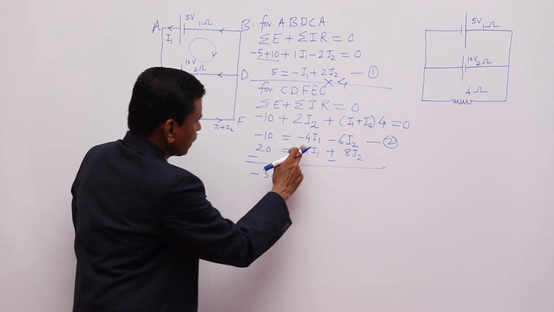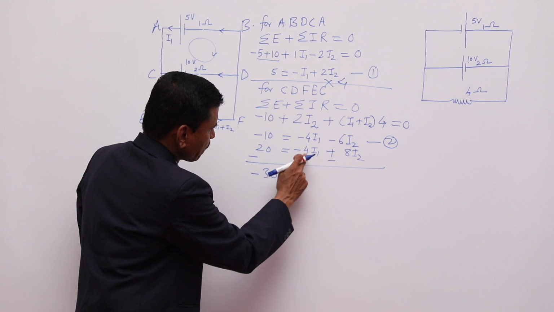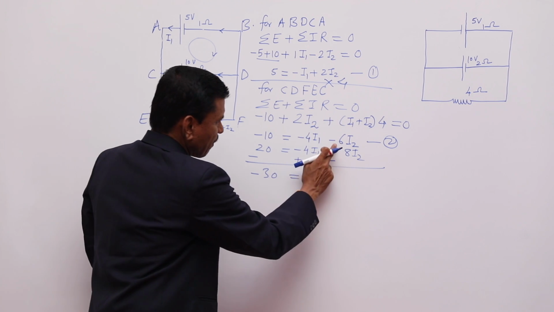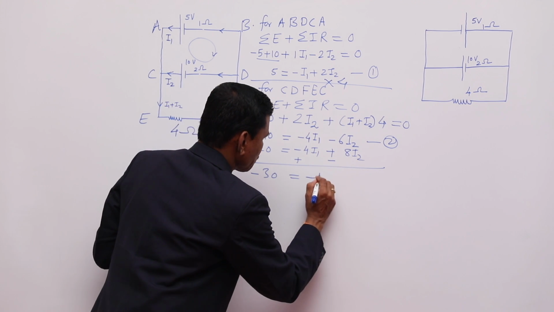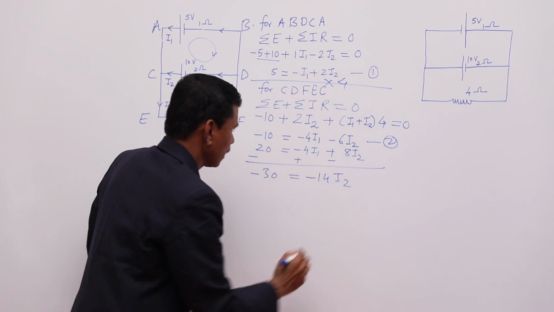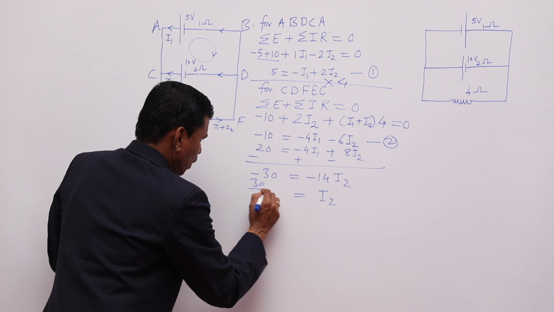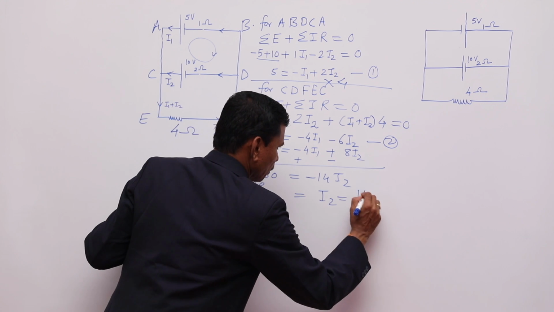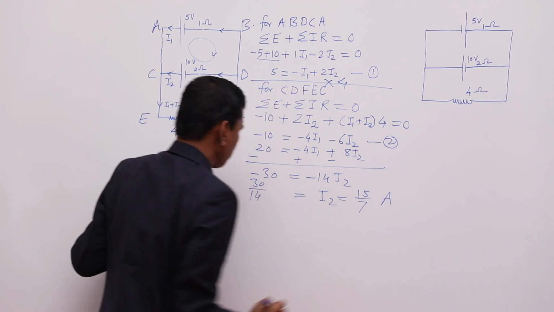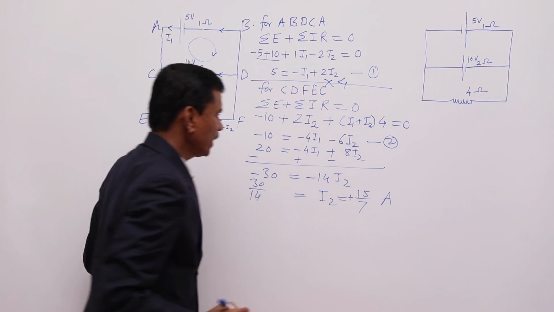Minus 30. The minus 4 I1 and this plus 4 I1 get cancelled, minus 6 minus 8 gives minus 14 I2. So I2 is equal to 30 upon 14, that is equal to 15 upon 7 ampere.